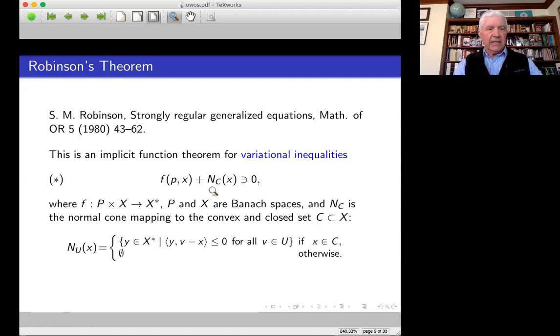And he actually considered the inclusion in this particular case, where N is defined as the usual normal cone mapping to a convex closed set C, which is assumed for the set C. And this is defined right here. So if we apply this definition to this inclusion, we'll get the usual statement of a variational inequality.